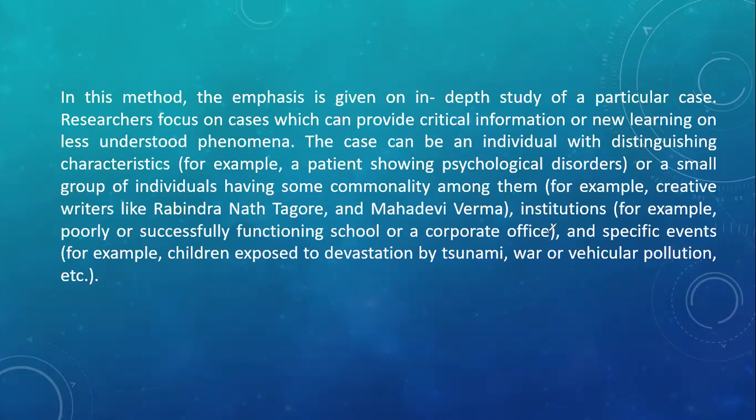What affects these types of situations? And as we said, tsunami or vehicular pollution, sound pollution, deforestation, pandemics, the effects on children, the effect on old age people, etc. We can study. These are the special conditions.